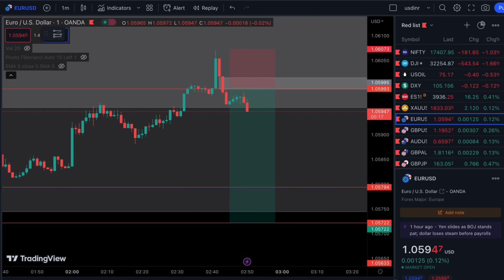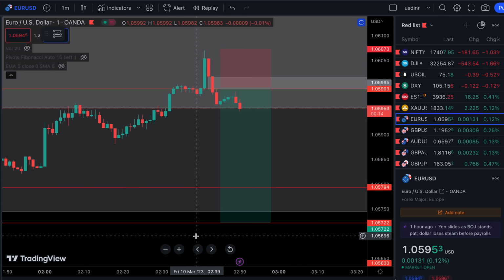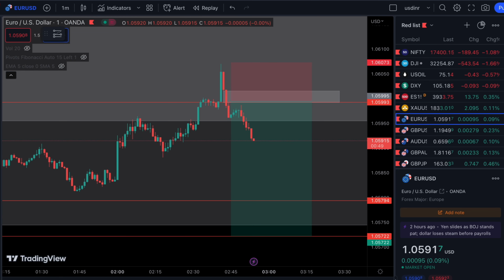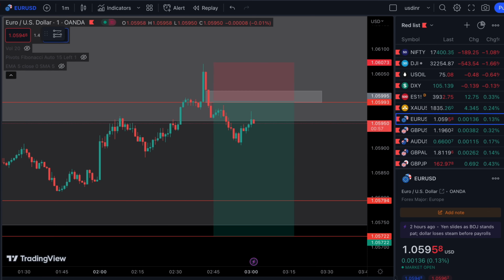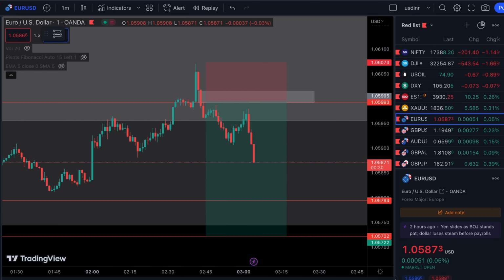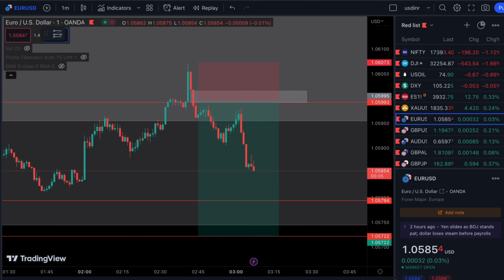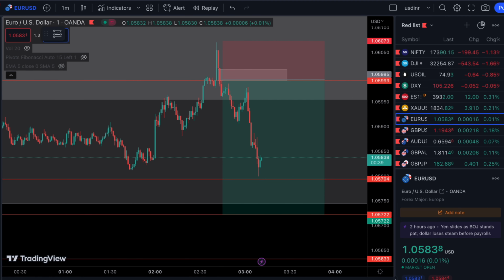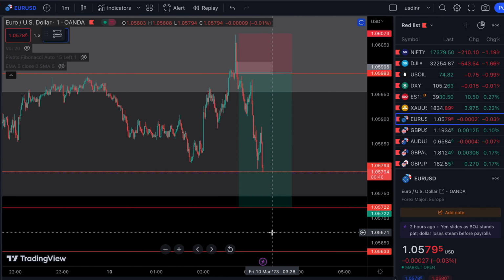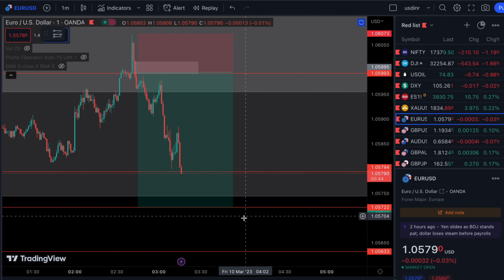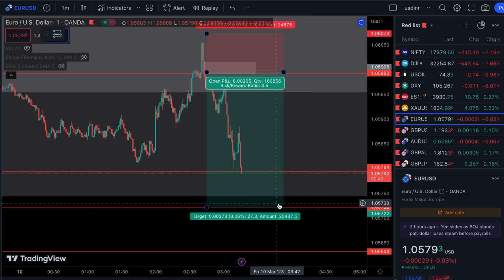Okay, the price has started to move in our direction. Alright guys, so target 1 has been achieved, and let's wait for target 2.